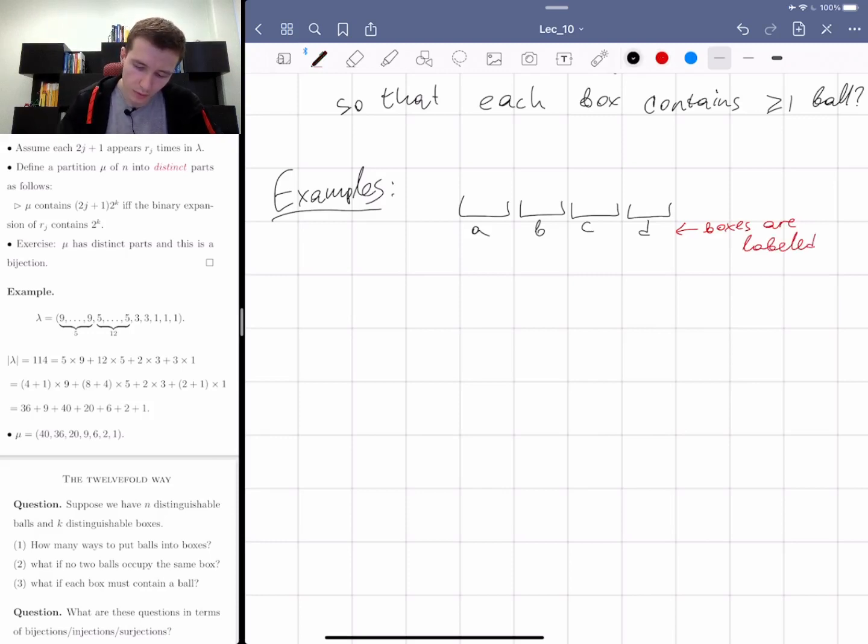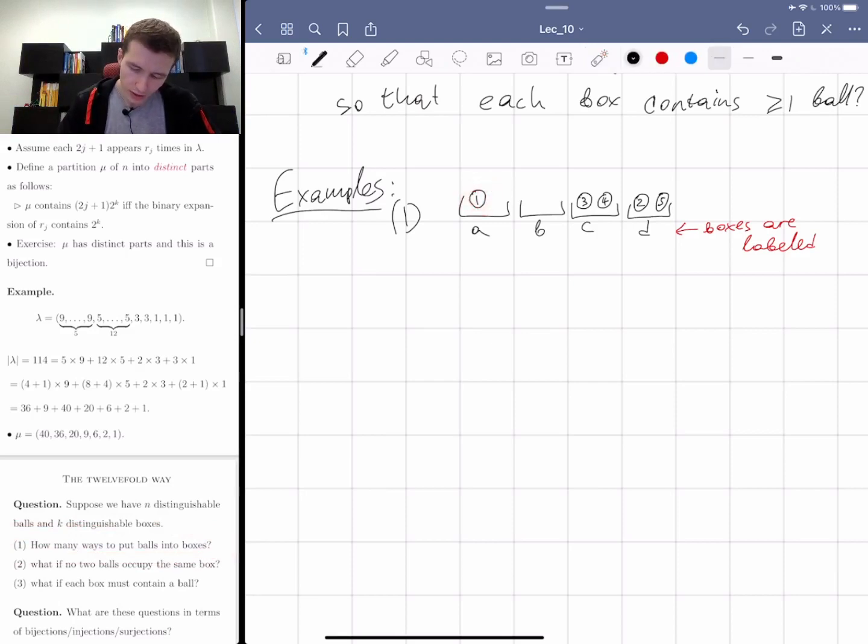So maybe you put ball number 1 into box A, ball number 2 into box D, balls number 3 and 4 into C, 5 into D. That's an example of an object appearing in question number 1: arbitrary ways to put distinguishable balls into distinguishable boxes.